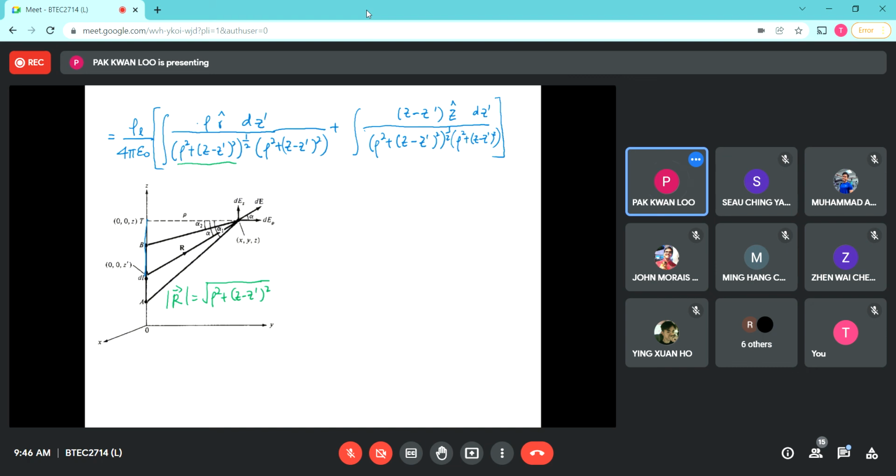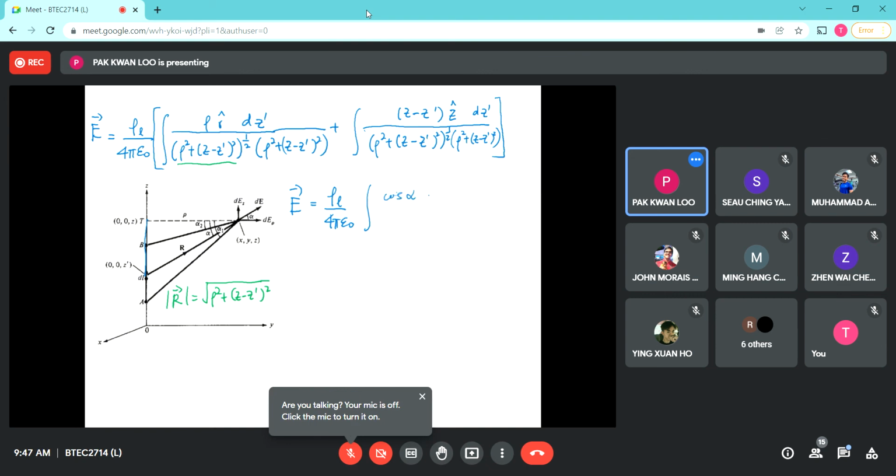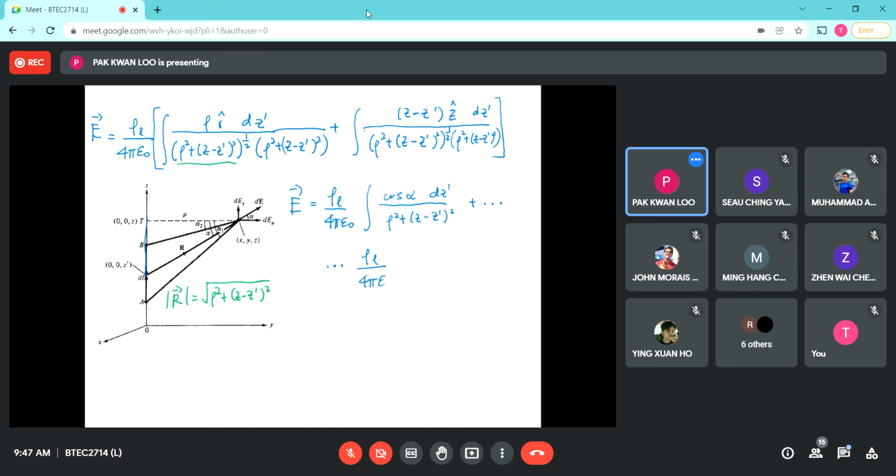So I can write this electric field now in terms of cos phi and also sine phi.